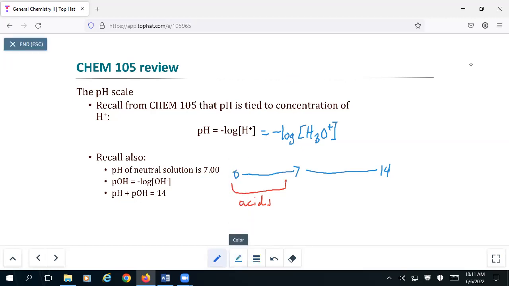On the other end of the scale, you've got your bases. As you get further away from 7 and closer to the 14, you tend to think of things as being more and more basic. And then somewhere in the middle, the exact range we kind of debate about, generally somewhere between 6 and 8, give or take a couple of fractions either way, we think about things being neutral.